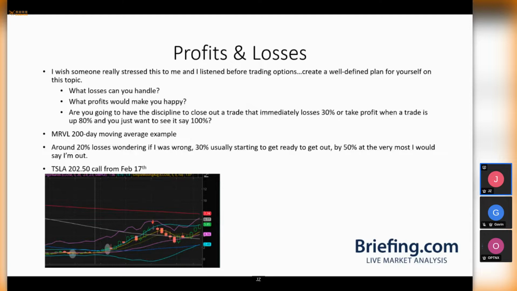If I get onto a trade and I'm all of a sudden up a quick 50%, like this Tesla option I mentioned earlier, that's up about 50% now. Let's look at the 5-minute chart on Tesla. All of a sudden you got this hammer, excuse me, a shooting star candle. The stock has just moved from 194 to 197 in, I don't know, an hour, give or take.